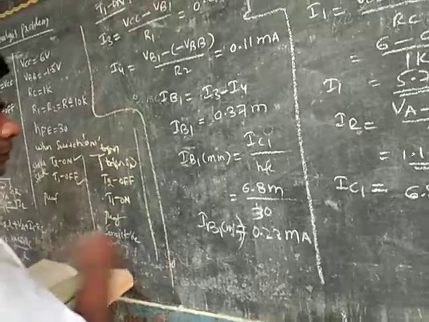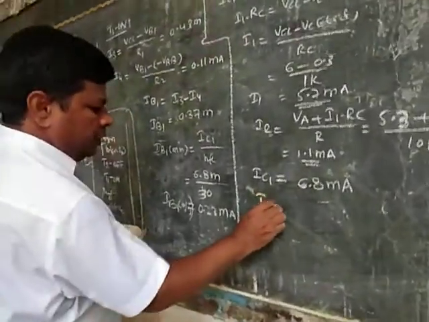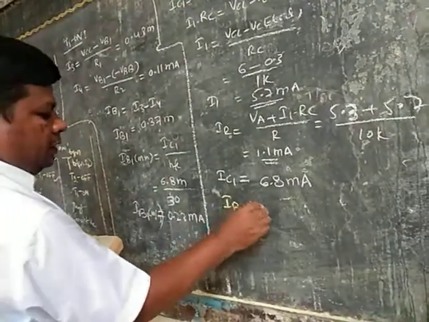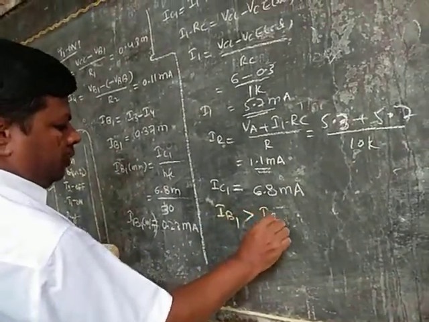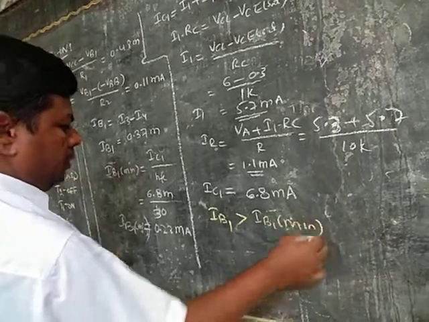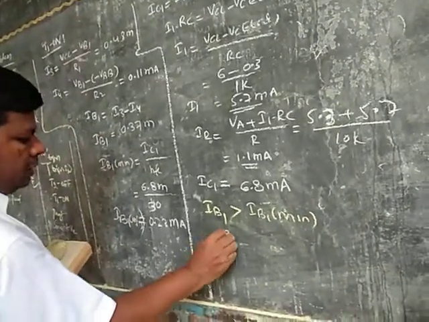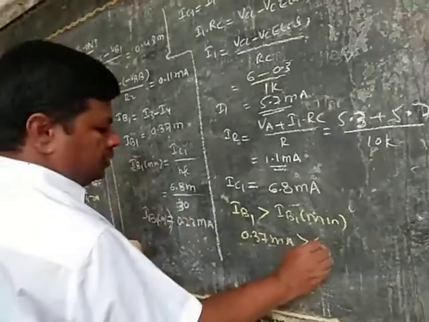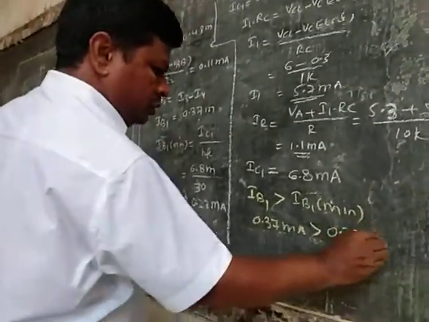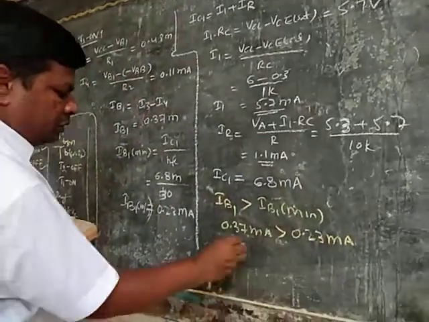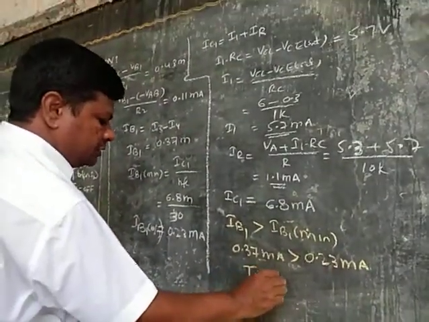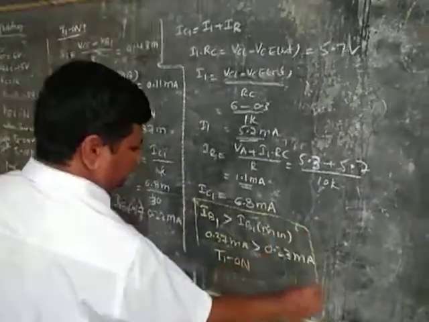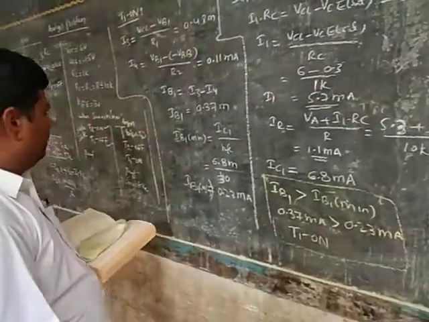Now we conclude that IB1 is greater than IB1 minimum, that is 0.37 milliampere greater than 0.23 milliamperes. So we conclude that T1 transistor is on. This is over.